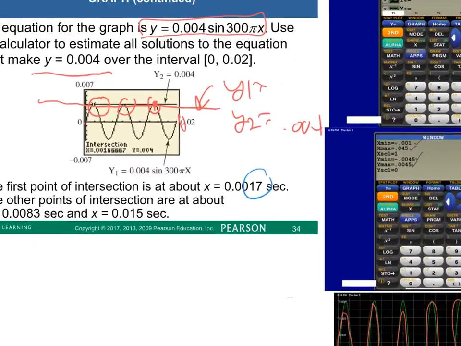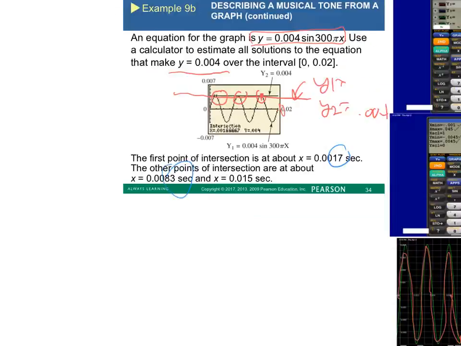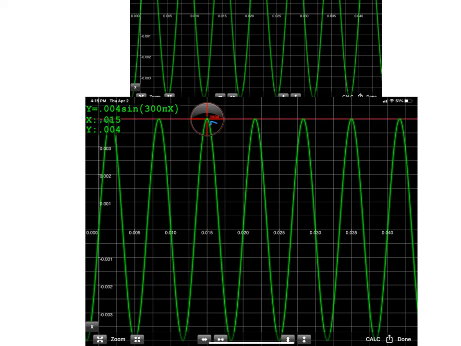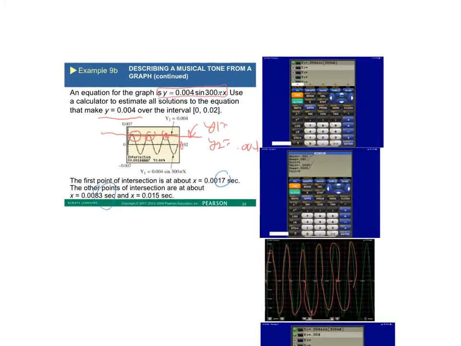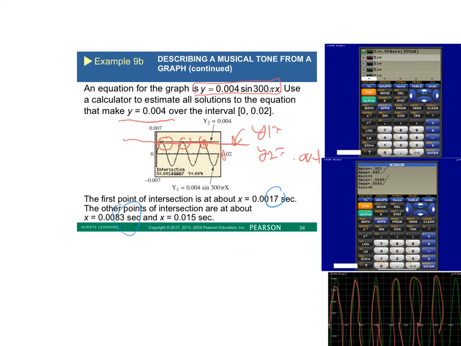Let's see, did he get 0.0083? There it is. Last one's 0.015. Let's see, 0.015. I'm pretty sure I had it right. Third one, 0.015. Okay. So you practice using your calculator. Took me a long time to put those and paste them in there, but you guys are worth it, so I did it.